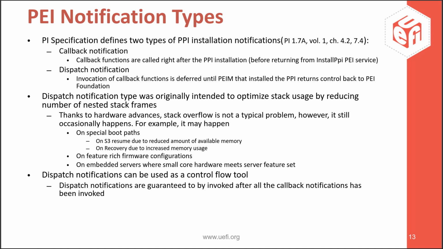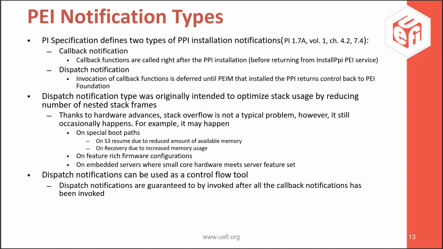And then debugging is very difficult. It may literally take days for you to debug it or even reproduce the problem. So I would say usage of dispatch notifications should be a good development practice.